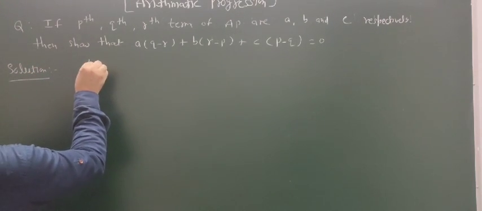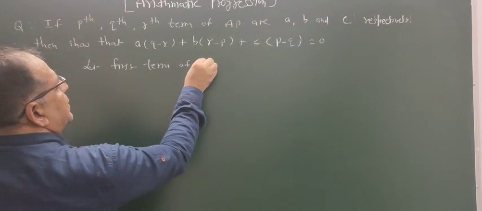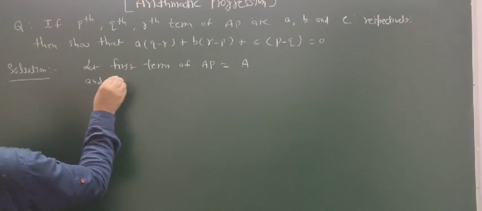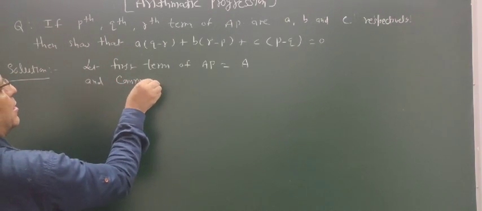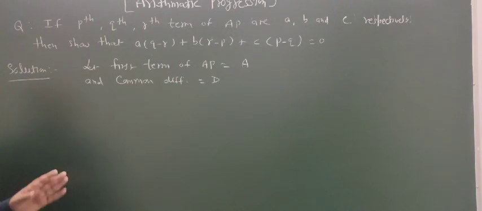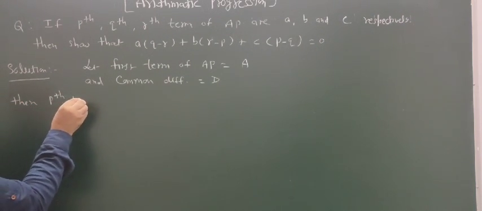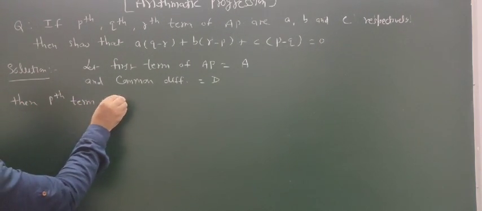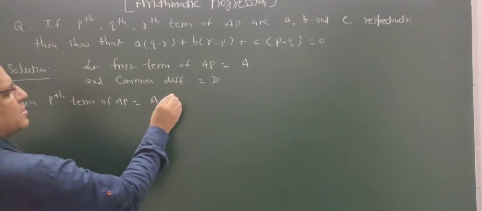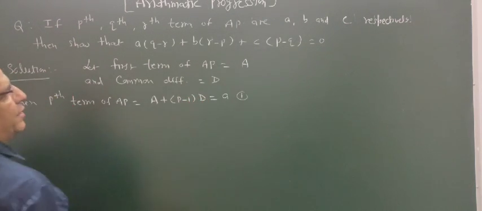So let the first term of the AP be capital A and the common difference be capital D. Then the pth term of the AP is A plus p minus 1 D, and this value is given as small a.